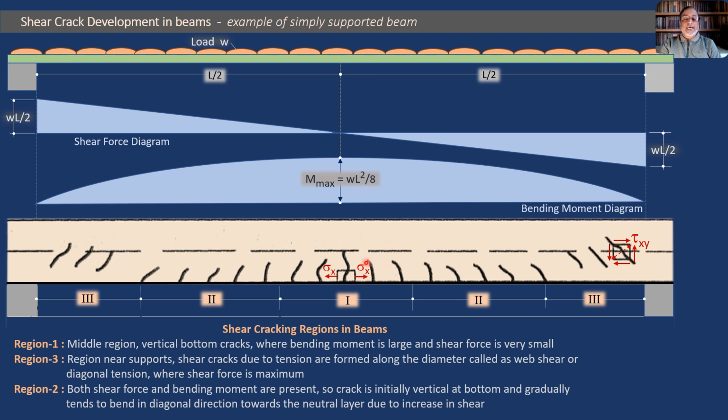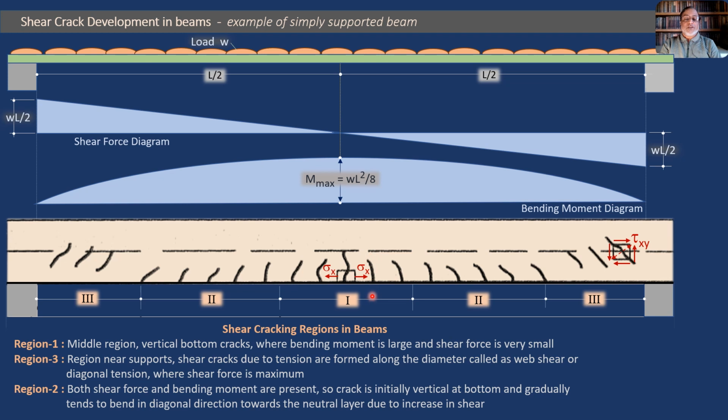So if you look at this square element, you find sigma x only, normal stresses. There are no shear stresses shown because the shear force is zero according to the shear force diagram at this particular section.